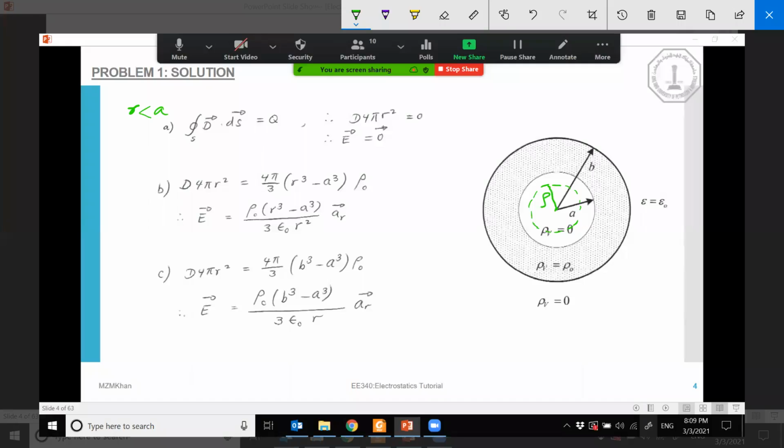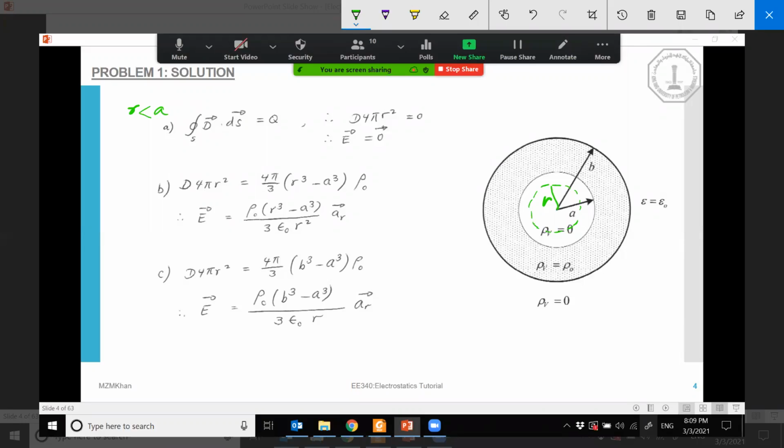Its radius is, sorry, not rho, r, and this will cover the region of our interest, r less than a. Therefore, the radius r will be less than a, so that our Gaussian surface is inside this hollow region.